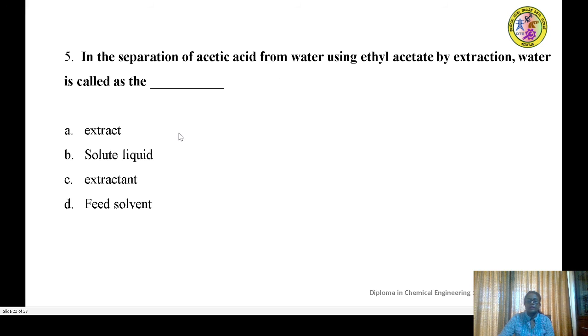Okay, so hope all of you got the right option. Water is the feed solvent because this is the one component that is not getting dissolved in the ethyl acetate. So water is the feed solvent. It is also called the original solvent or diluent. Okay. So option D is the right answer.